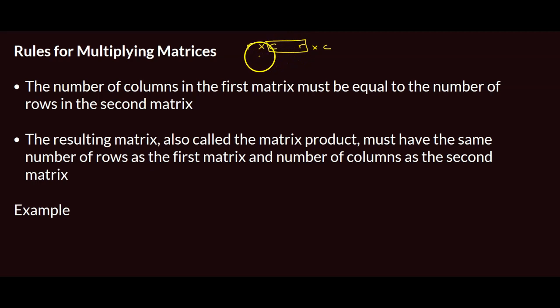And the resulting matrix, which is called the matrix product, must have the same number of rows as the first matrix and the same number of columns as the second matrix. So let me just simplify this. What we're saying here is if I had a 2 by 3 matrix and a 3 by 3 matrix, because these values are the same, we can actually perform a multiplication, and our matrix, which is going to be called the matrix product, is going to be a 2 by 3 matrix.